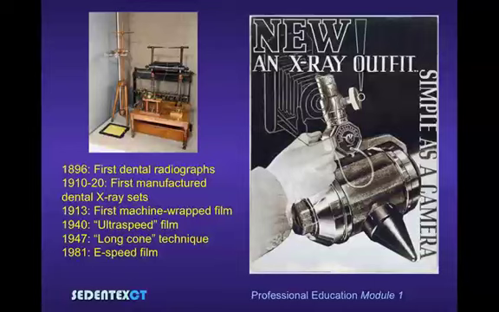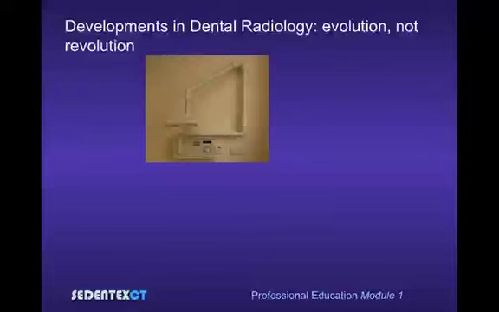The first machine-wrapped film came in 1913, with ultra-speed film arriving in 1940, the long cone technique for taking intraoral X-rays in 1947, and E-speed film in 1981. So developments in dental radiology have indeed been evolutionary, not revolutionary.